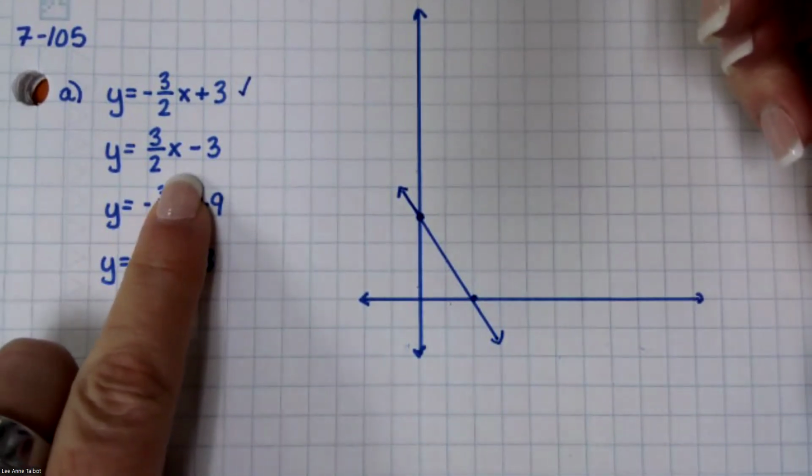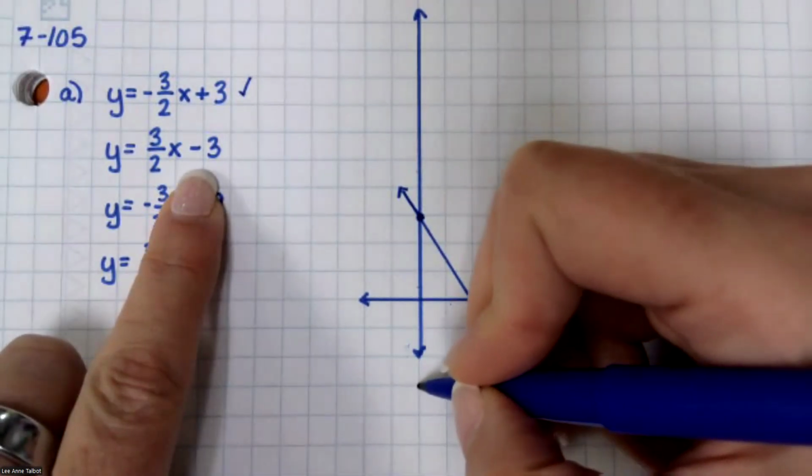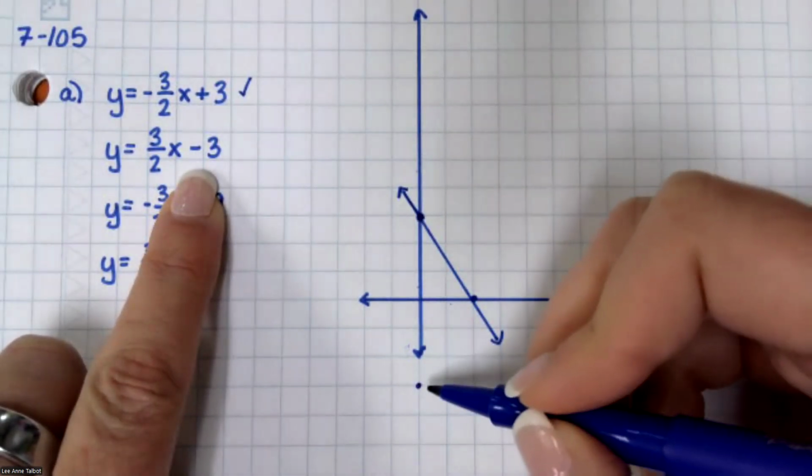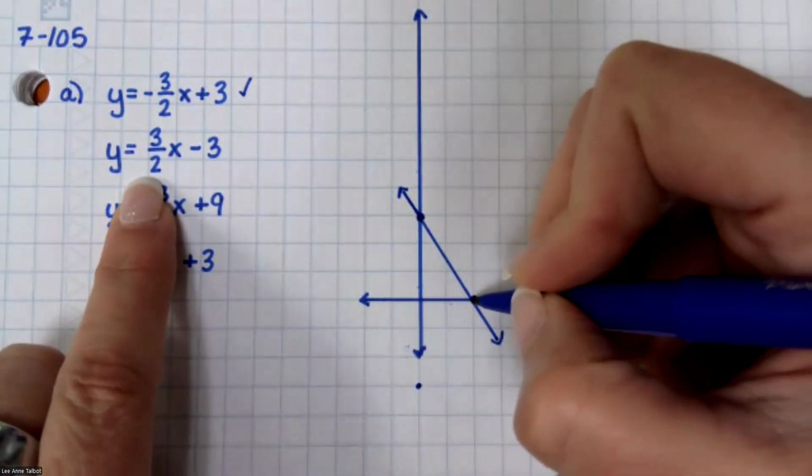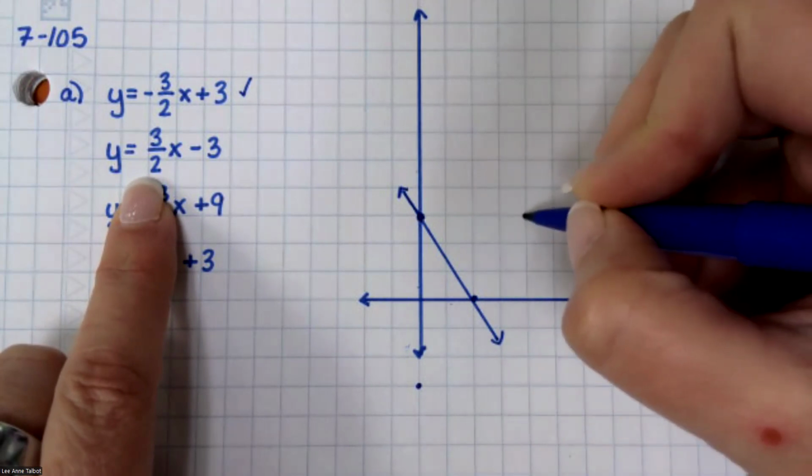Okay, now we're going to do the second one. I'm going to go down 3 and make a dot, and then the slope is 3 over 2, so up 3 over 2, up 3 over 2.